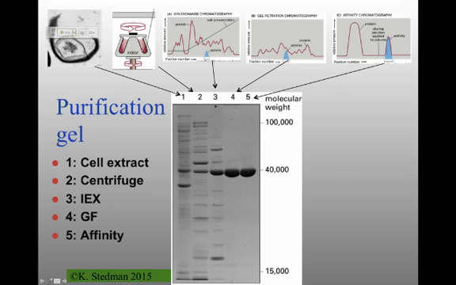This is what we started with. Then we do centrifugation. You'll notice many fewer proteins that you have here. Now we've done our ion exchange chromatography. We're getting down to fewer and fewer proteins here. We do our gel filtration, and then finally our affinity chromatography. And we have just one band at one particular molecular mass, and this is hopefully our favorite protein.